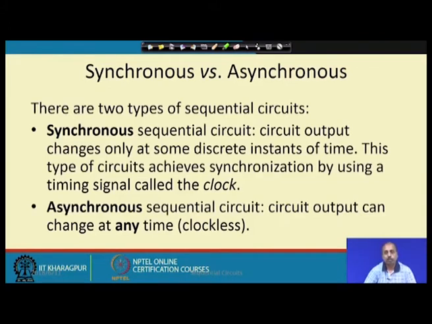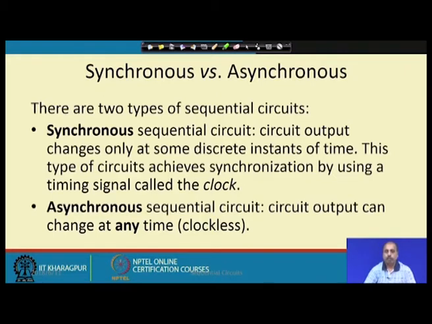The type of sequential circuits where we have such a distinct clock signal are known as synchronous sequential circuits. On the other hand, there is the asynchronous sequential circuit, where there is no concept of clock and the output can change at any point of time. In a synchronous sequential circuit, the output can change only at the clock boundaries.